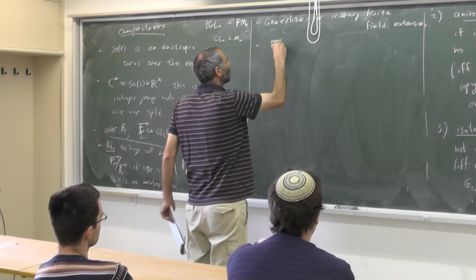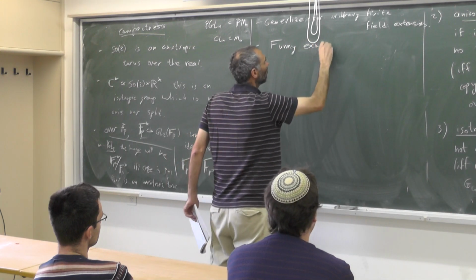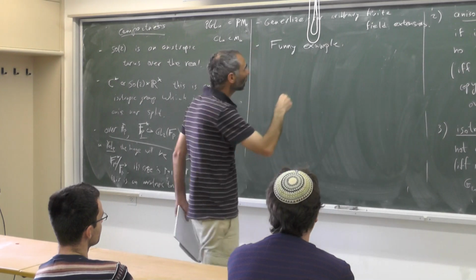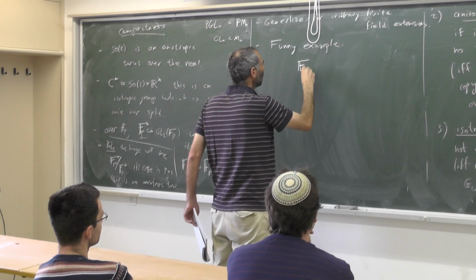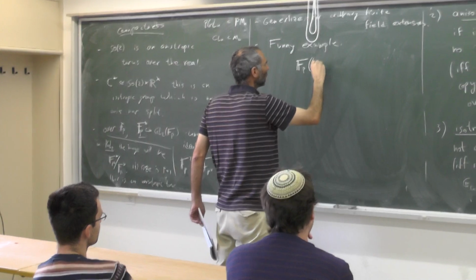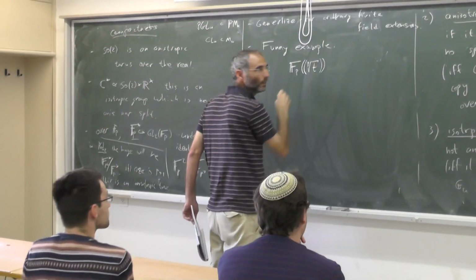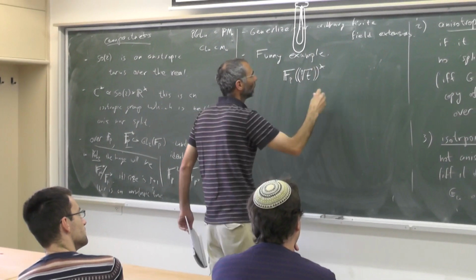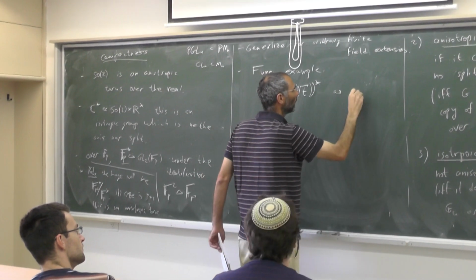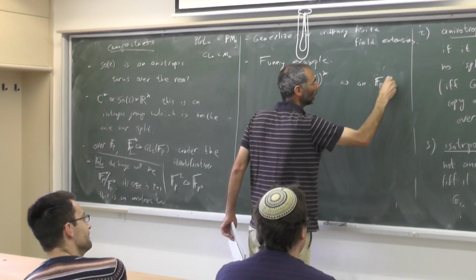So I'll just write this as a final example. You can explore further why it is so funny. I'll take F_p, and take the P-th root of T as a field extension of F_p.